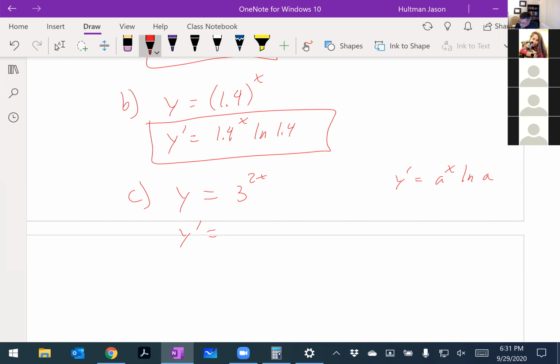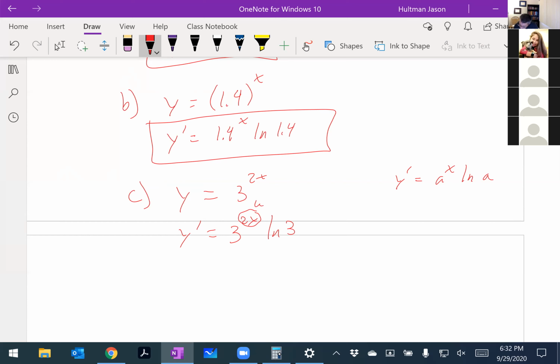So this is going to be the original expression, 3 to the 2x, times the natural log of 3, right? But the x was a function. So we have to take the derivative of this thing now to do the chain rule.